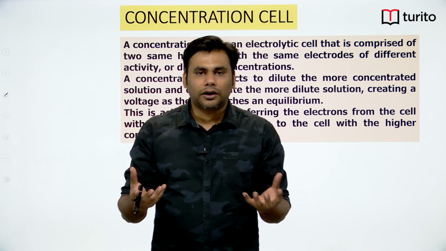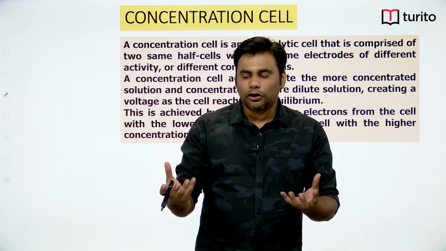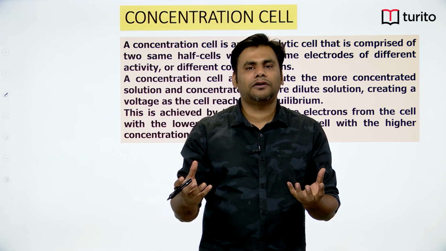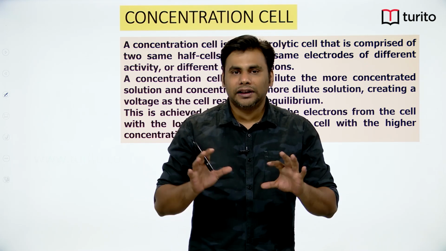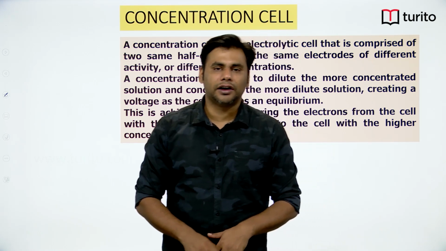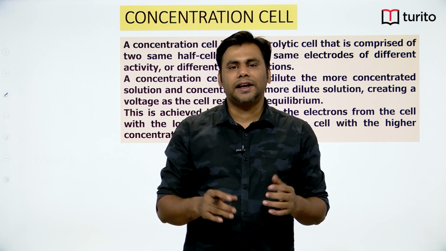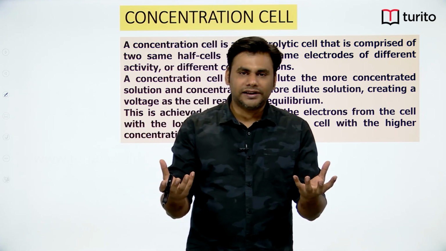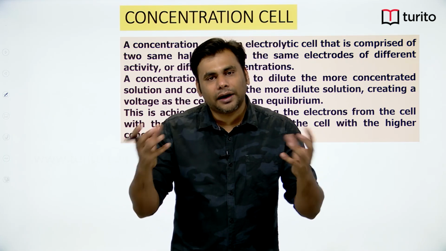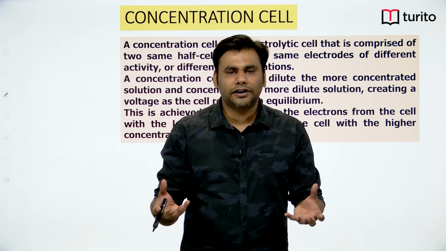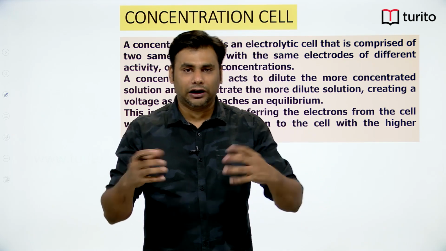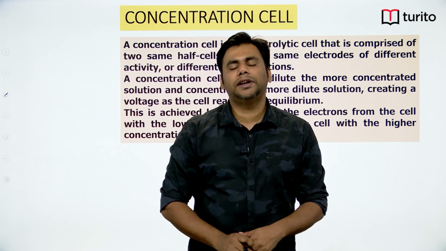So for a concentration cell to work, the concentration or the activity of the species should be different in both the half cells. Then only a concentration cell will work. So a concentration cell is basically two same cells combined together to form a complete cell. The only difference would be the concentration of the electrolyte or the activity of the electrode.